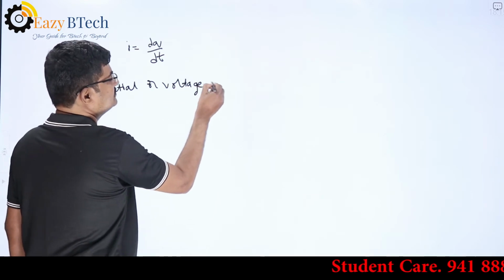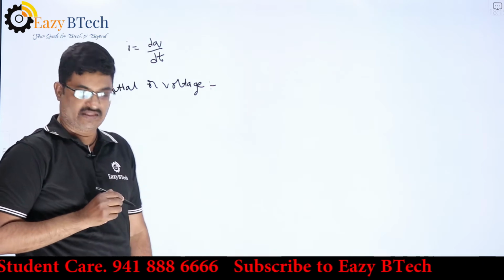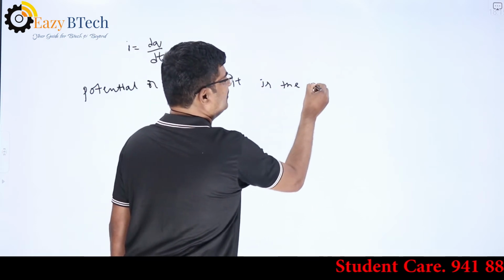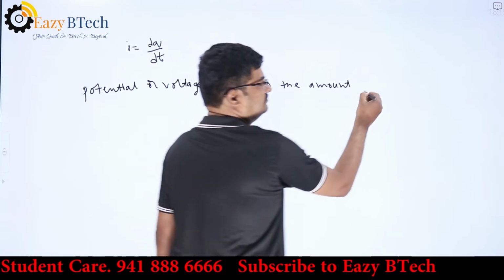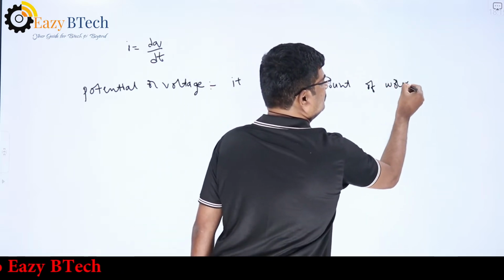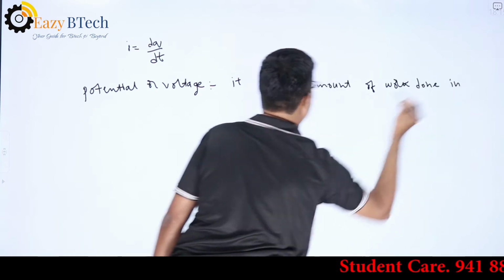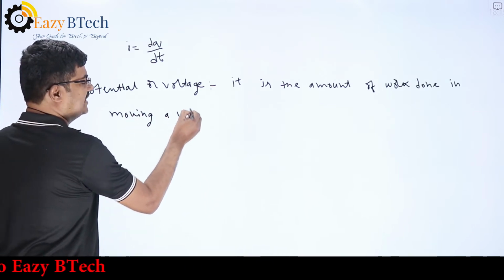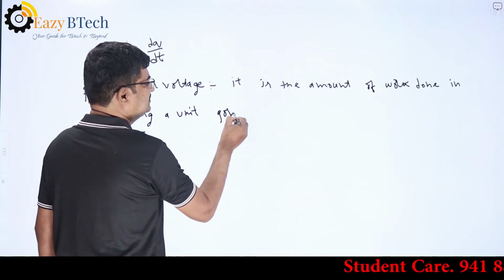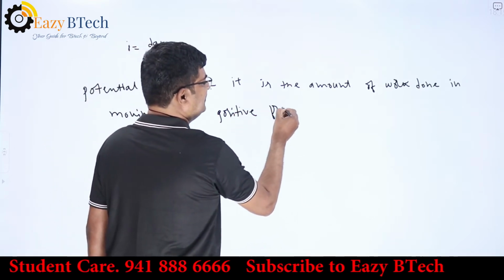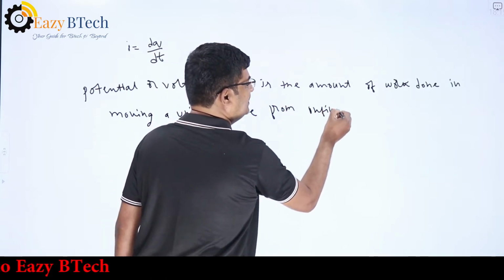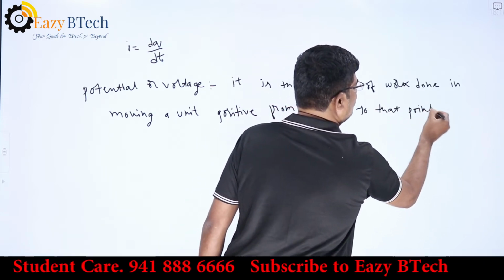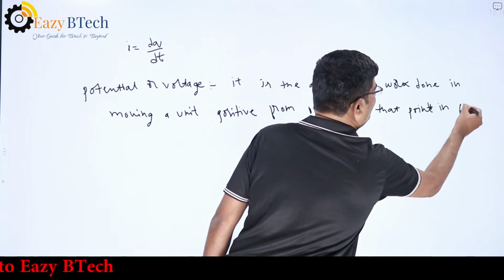Potential or voltage is the amount of work done in moving a unit positive charge from infinity to that point in the field.